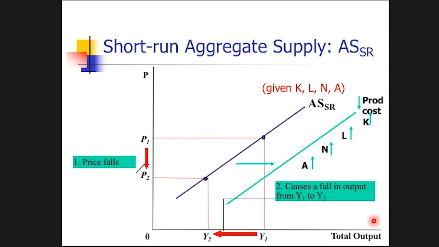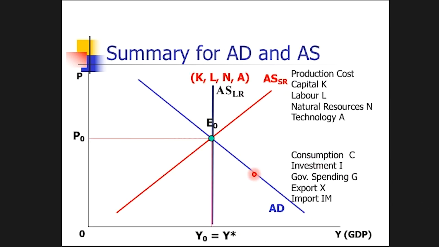So now we have the combination of the three important factors in this model. Firstly is the aggregate demand. There are four important components of AD: consumption, investment, government spending, and net export, which is the difference between export and import.